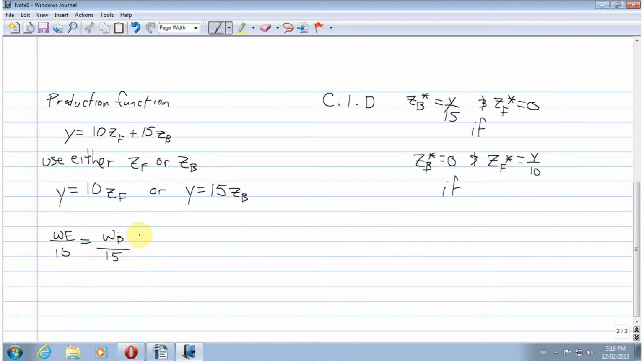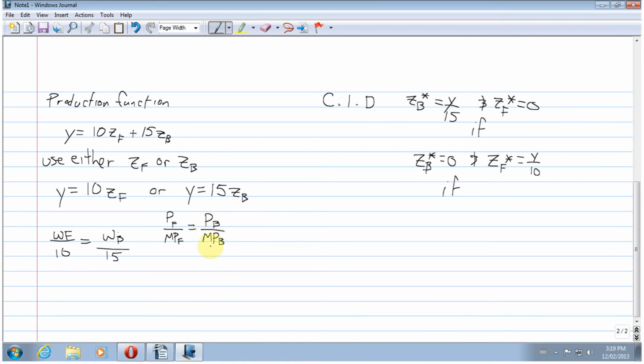So I basically want to know which one gives me the lowest marginal cost. Sorry, I should back up a step here. This is P Fred over MP Fred, and he's going to be indifferent if the marginal cost is the same. So P Barney, which we've been calling WB, over MP Barney.